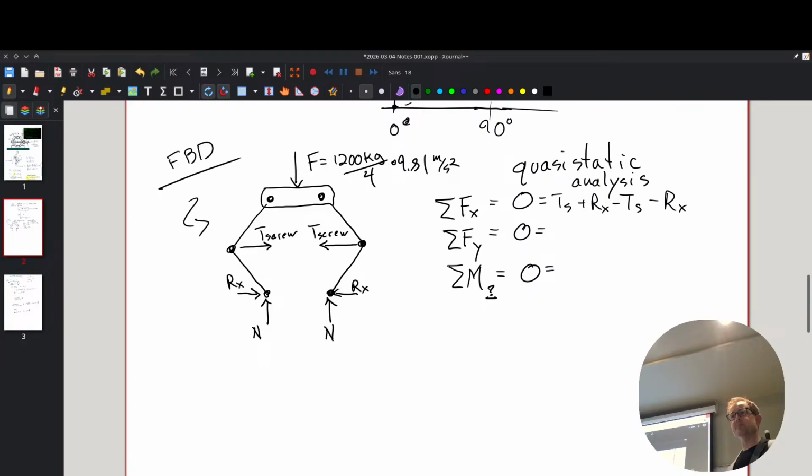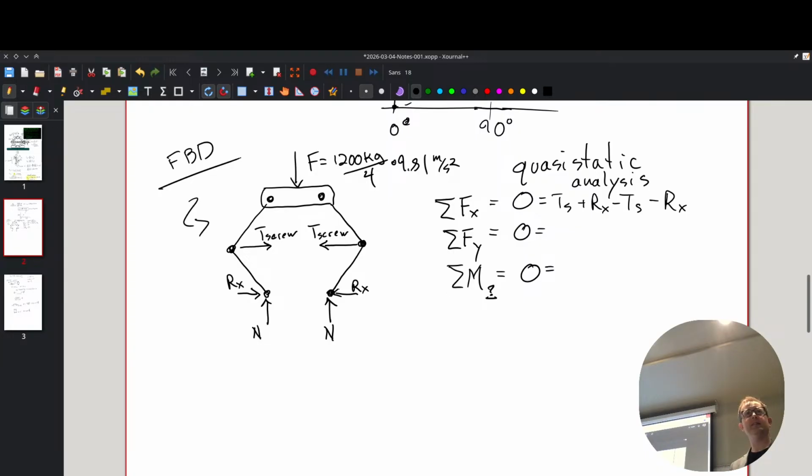We have some things pointing right, some things pointing left, but we already said there's symmetry, so they're equal. So at least the x component says 0 equals 0. Not super helpful. What about our y component? Does that tell us anything?